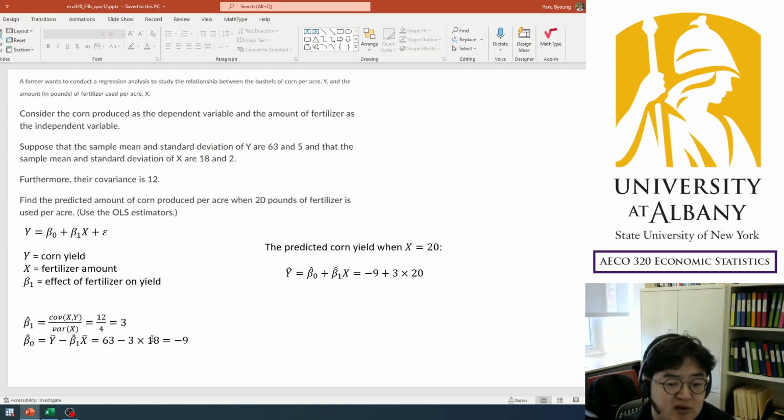So if you calculate them, you get -9, right? So then as a result, if you like to predict the yield when you use 20 pounds of fertilizer, then it goes like that. Beta 0 is estimated to be -9, beta 1 is estimated to be 3, and x is assumed to be 20. So calculate what you get. That is your prediction. Okay, so straightforward.